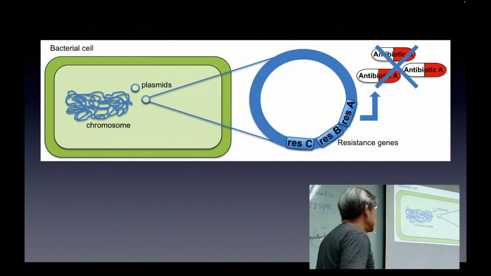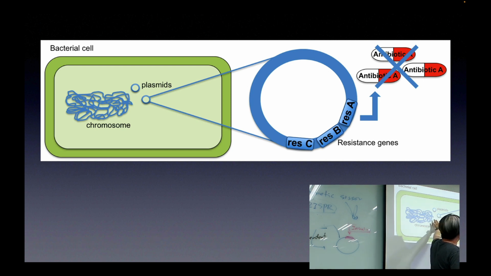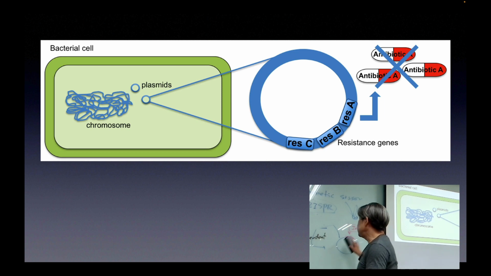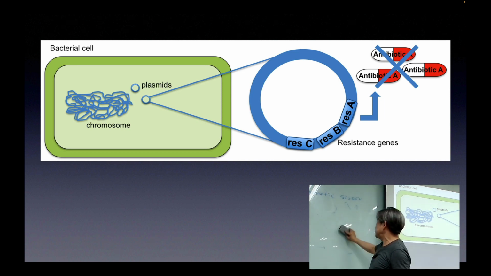But the problem with this plasmid is, somehow for some reason we do not fully understand, usually this plasmid tends to carry several different genes responsible for this antibiotic resistance.